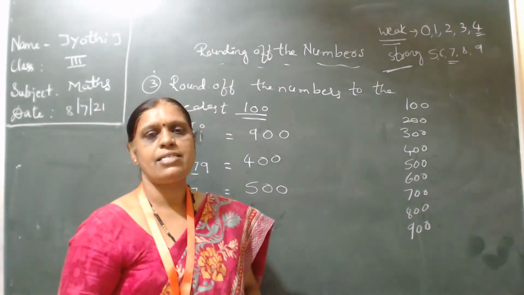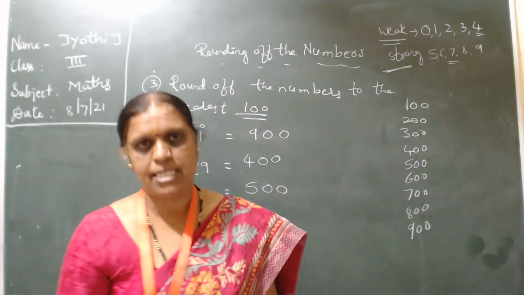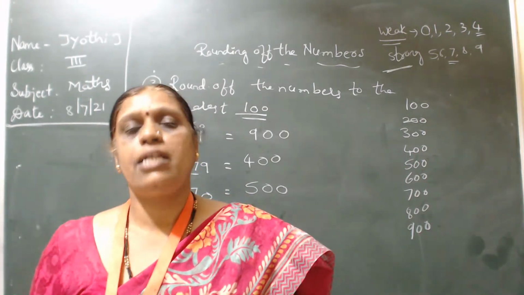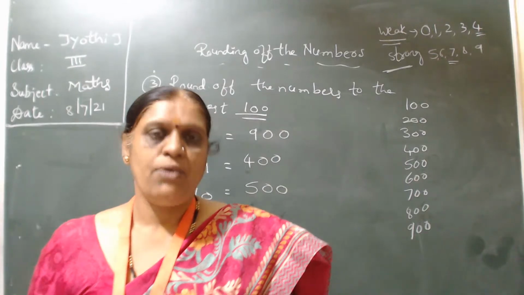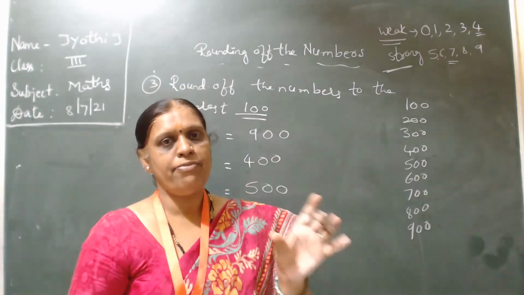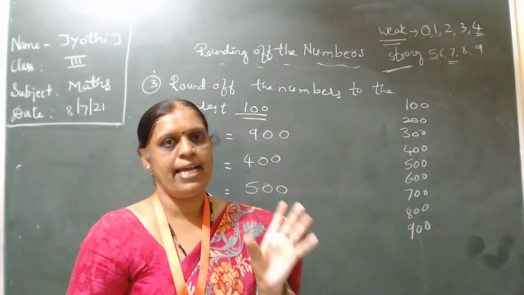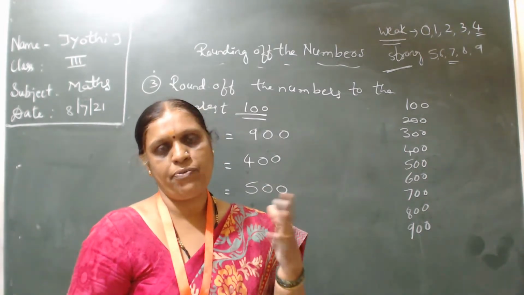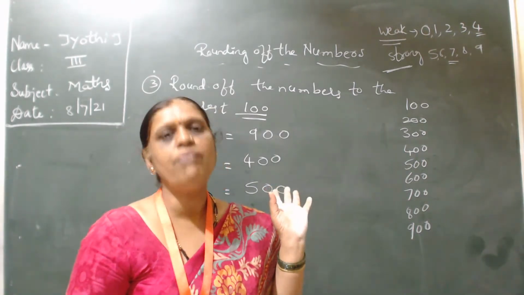So in today's class, what have we learned? In today's class we have learned about the rounding of numbers, which gives a rough idea about the exact number. In day-to-day life, we use the rounding of numbers.